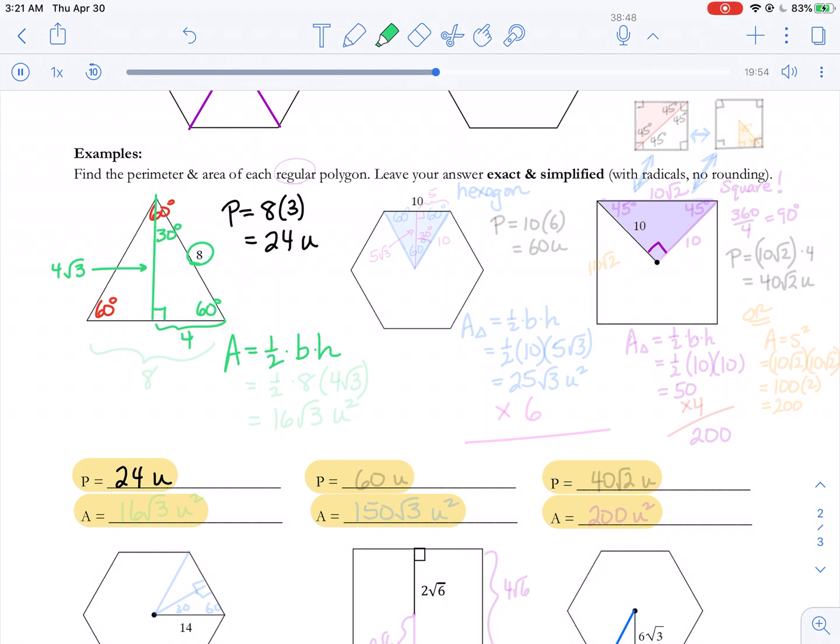Okay, that's 4, but the whole base is 8. So 1/2, what's the height? 4 root 3. So the base is 8, the height is 4 root 3. What will that be? 16 root 3. What's the label? Unit squared.